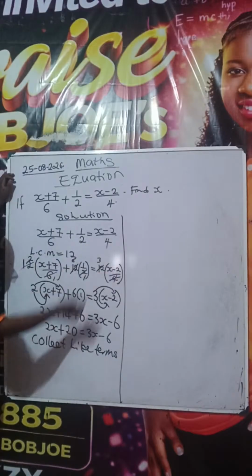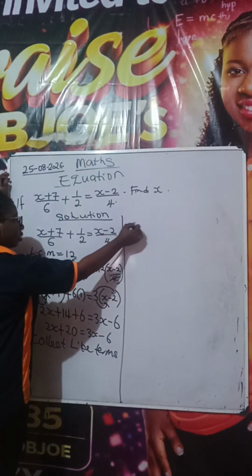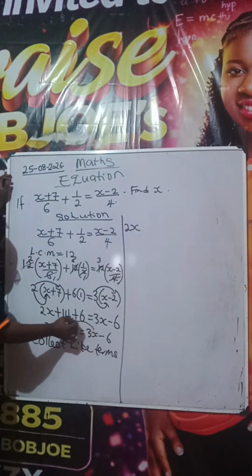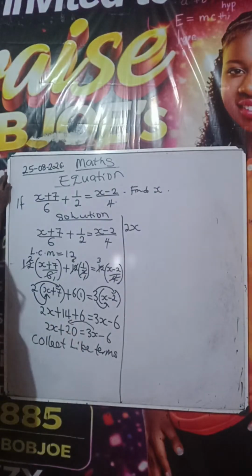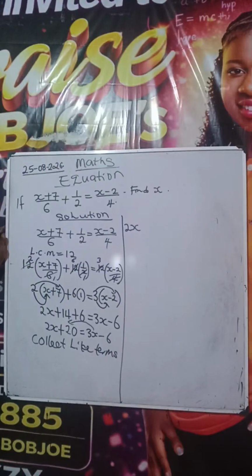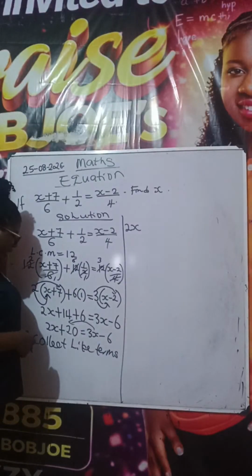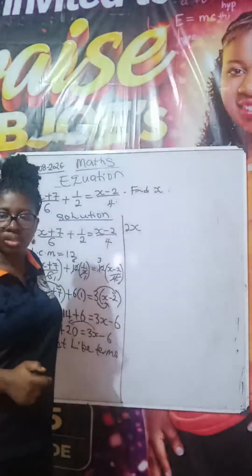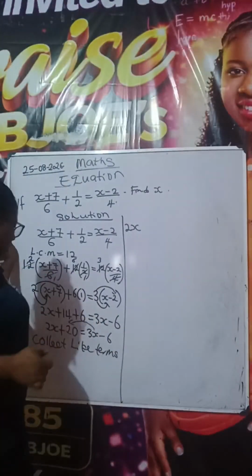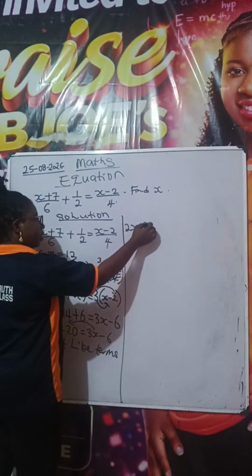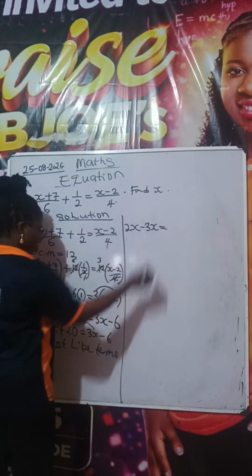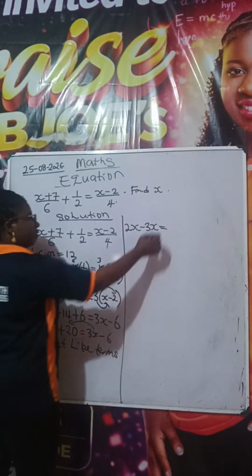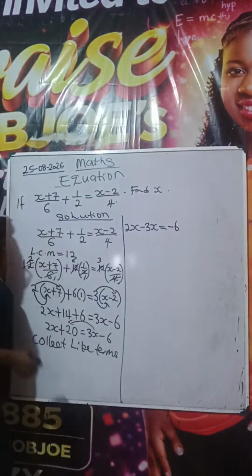So I'm going to bring it here, which is 2x. Then if I bring 3x to this place, will it be plus or minus? If I bring 3x to this side, the sign will change. It's not going to be the same. So we are getting minus 3x equal to, this place we have minus 6, write it first.